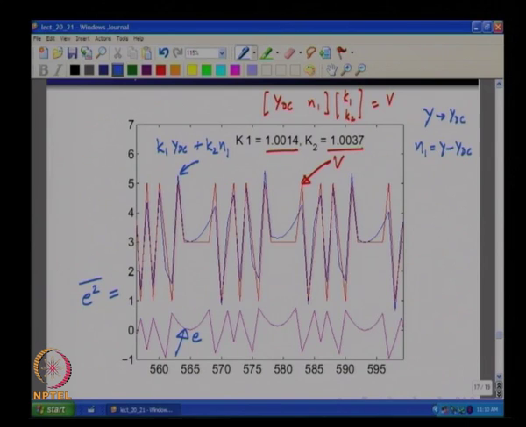What do you think the mean square value of the error will be?